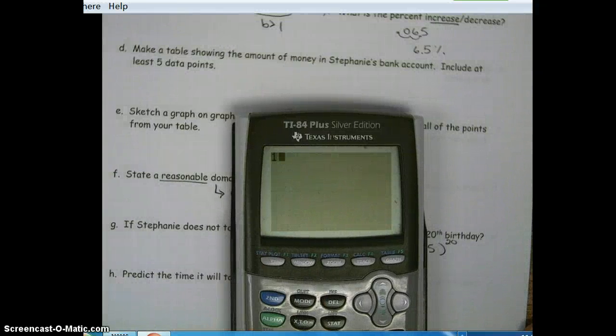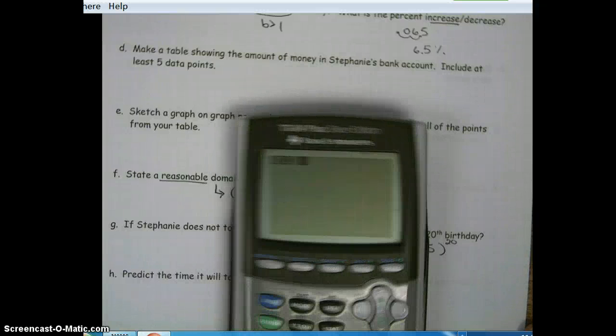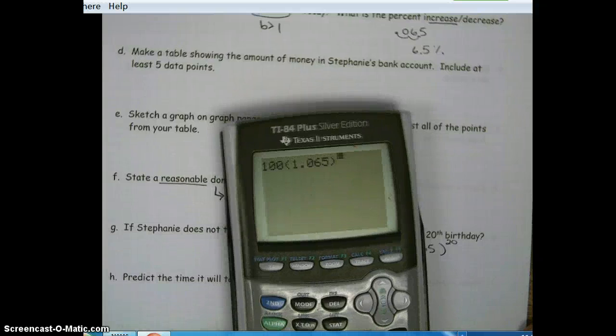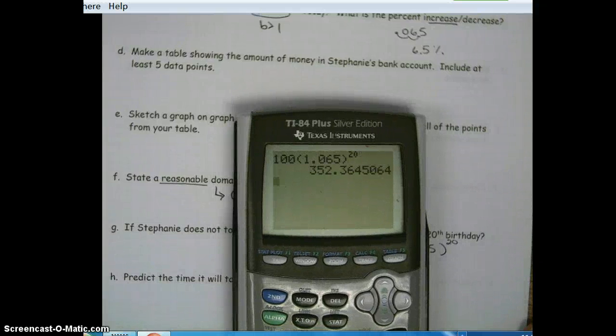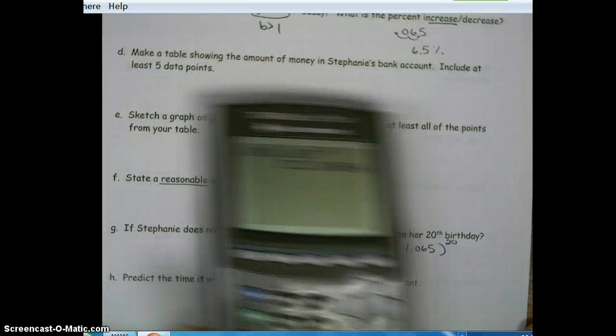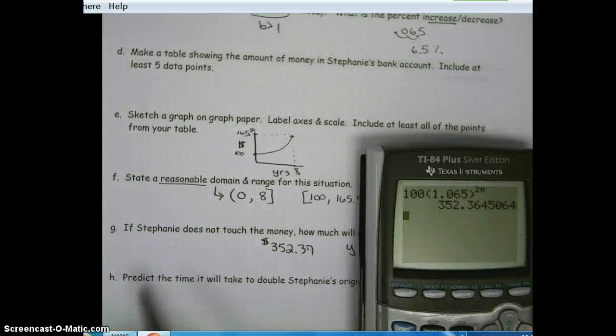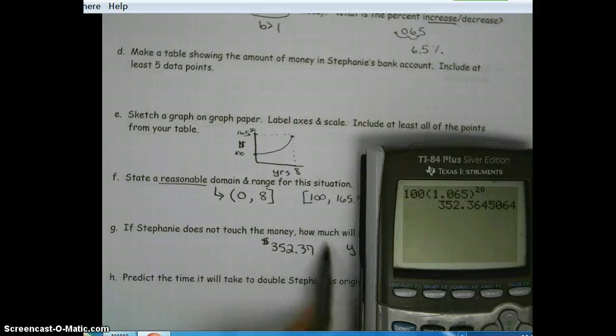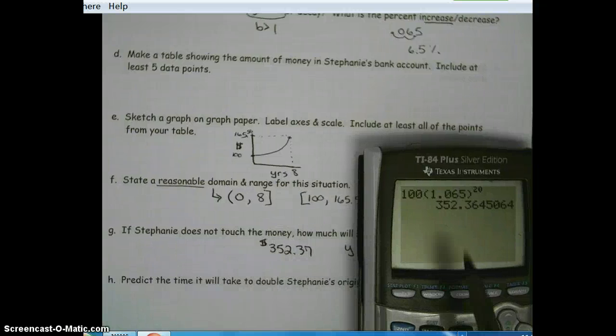So 100 times 1.065 raised to the 20th power. Now, how big of a difference is it? Not big at all. $352.37 using all the decimals. $352.36 rounding it.